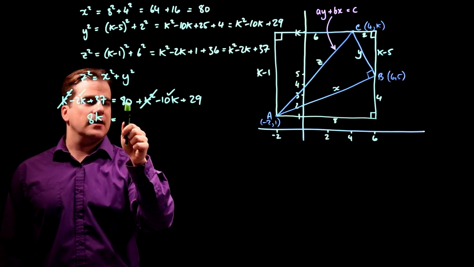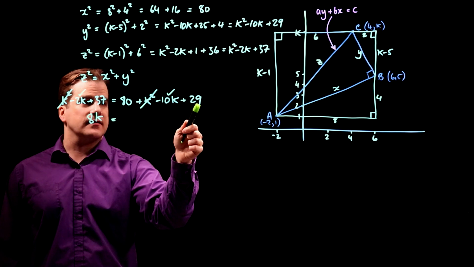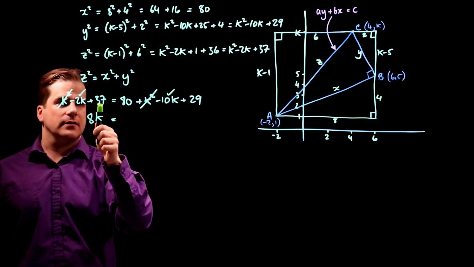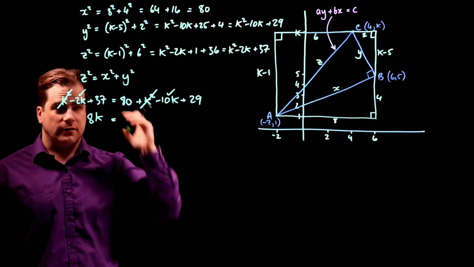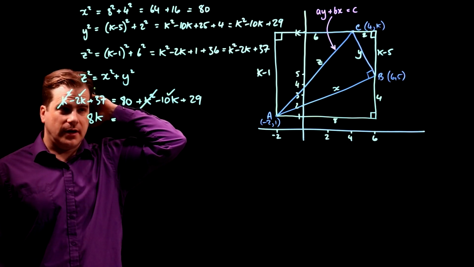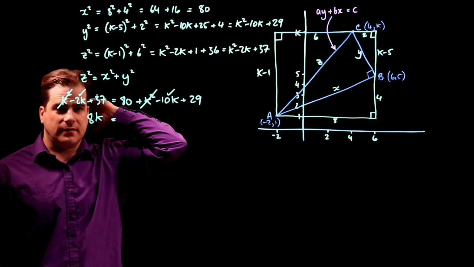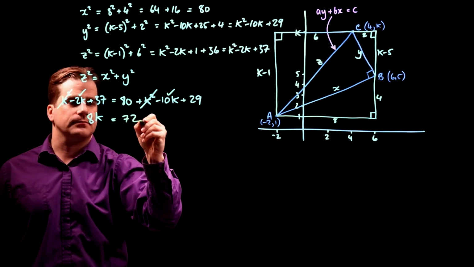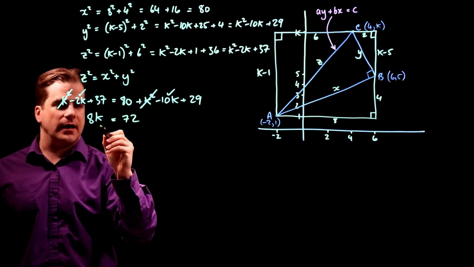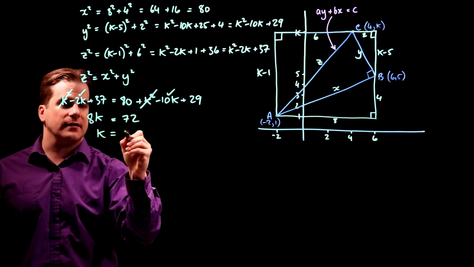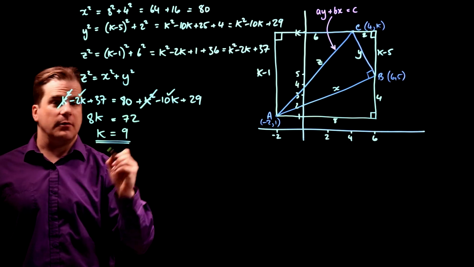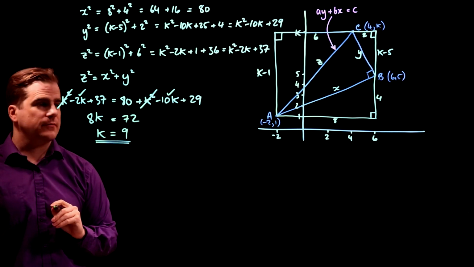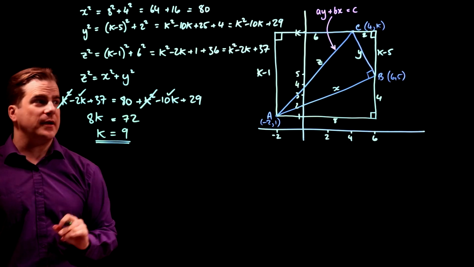So it becomes 80 plus 29 is 109 minus 37. 109 minus 40 would be 69, so minus 37 would be 72. Okay, so 8 times 9 is 72, therefore k is 9. And we found k using Pythag. So that's the hard bit done.